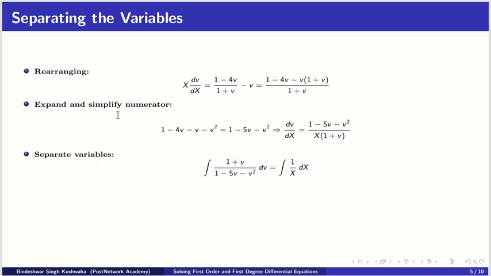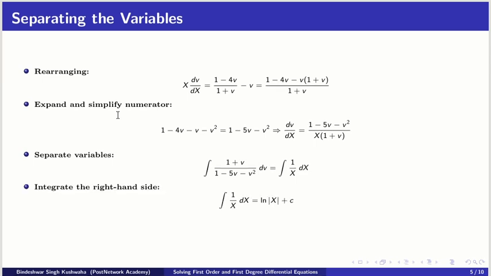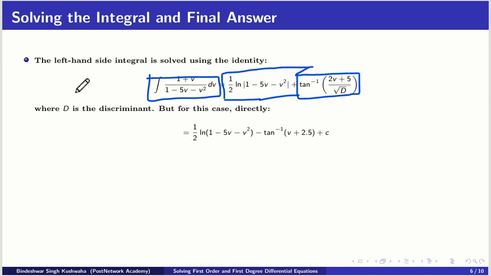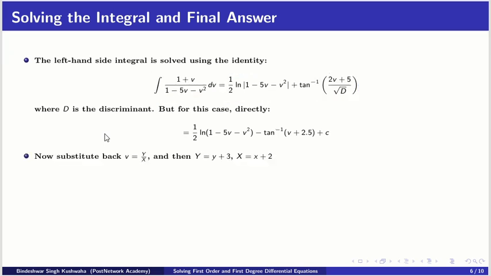If we integrate using separable variables, v on the left side and x on the right side, when we integrate we will get this one. Thereafter the left hand side would be equal to 1 upon 2 log of 1 minus 5v minus v square and tan inverse of 2v plus 5. This is based on a formula.